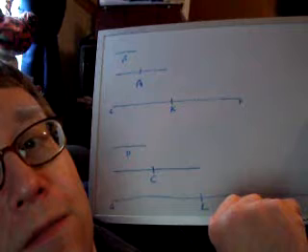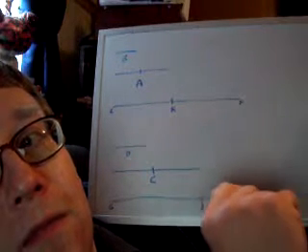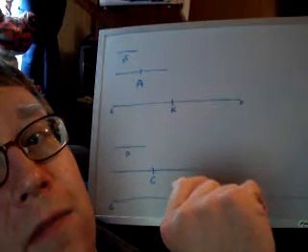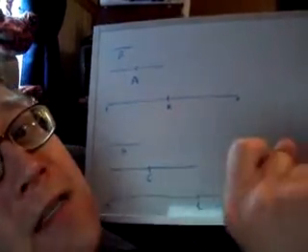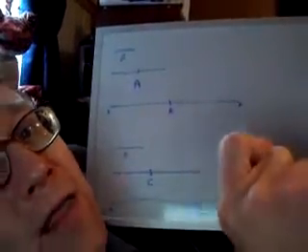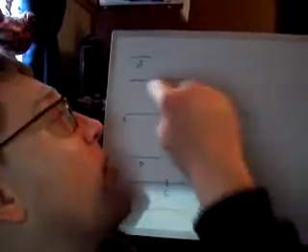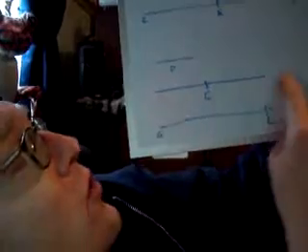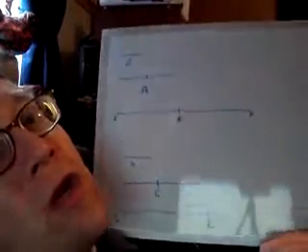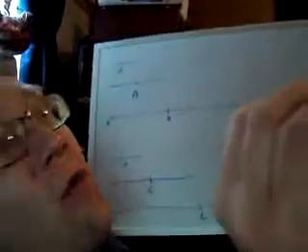Now, A is the same multiple of B that C is of D. There are 2 B's in A, and there are 2 D's in C. Now what we're going to do here is substitute something that's equal.